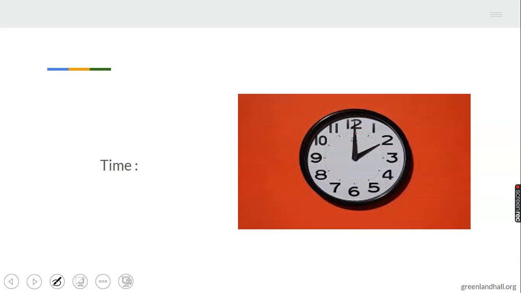Time. It takes a very long time for soil to be formed, depending on the nature of the parent material, as earlier stated.